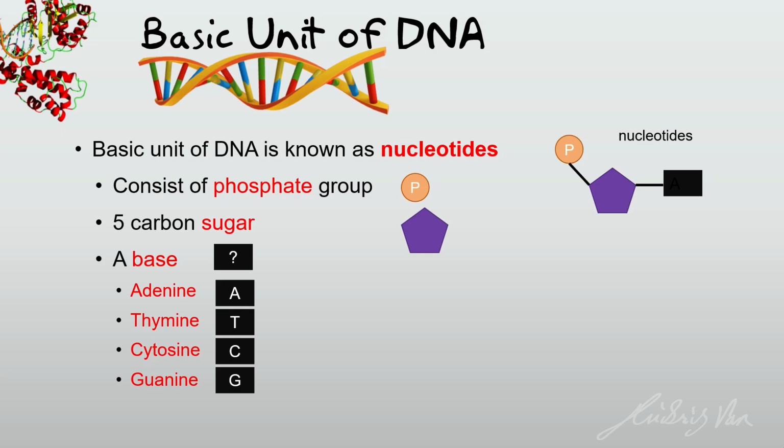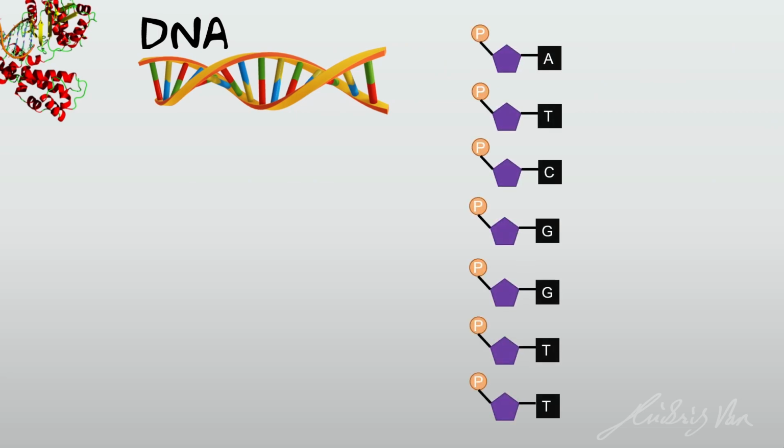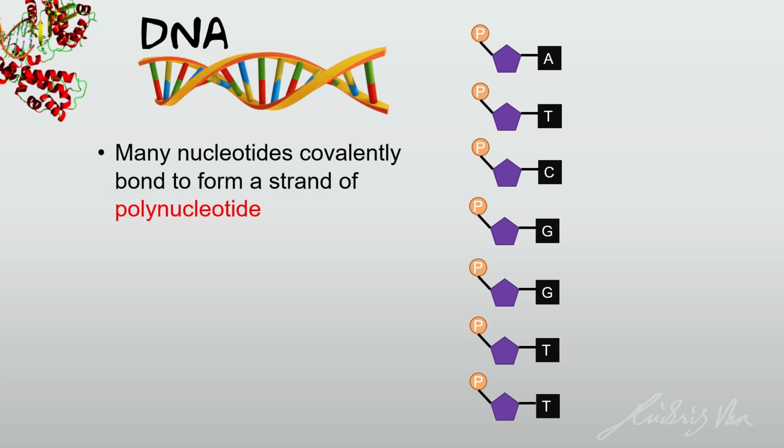So this is the monomer of your DNA. How about the whole structure of your DNA? Just like your protein, which consists of many amino acids, your DNA will also consist of many nucleotides. And those nucleotides covalently bond to form a strand of polynucleotides.